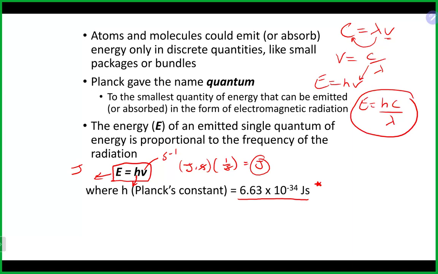So what that allows you to do is, if you know the wavelength, you can calculate the energy by using this formula. And obviously our original one here, if you know the frequency, you could calculate the energy. So really, if you want to calculate the energy of a wave, you just need to know one of those two things, either the wavelength or the frequency, and you can calculate the energy associated with that particular wavelength of light.